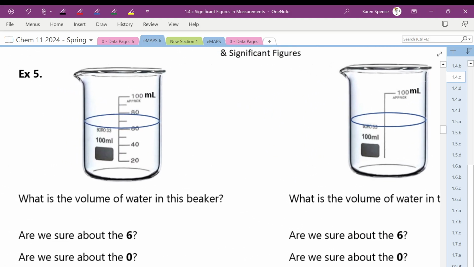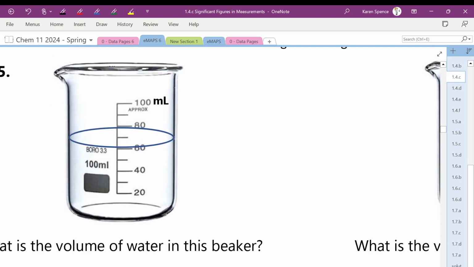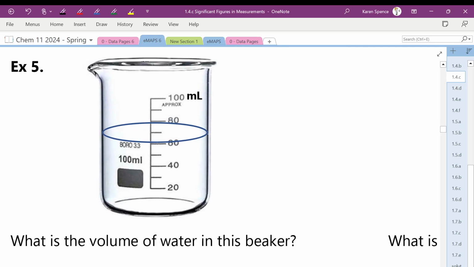All right, let's take a look at this beaker here. Could you please give me a measurement for the volume of liquid in this beaker? Please write down a measurement and then check with your partner and see if you got the same thing. So for example, write down what you think your measurement is.